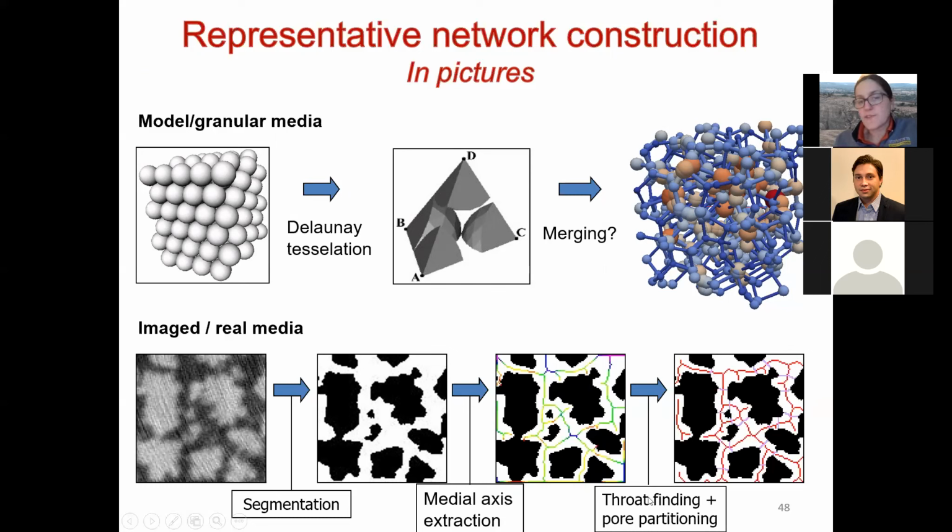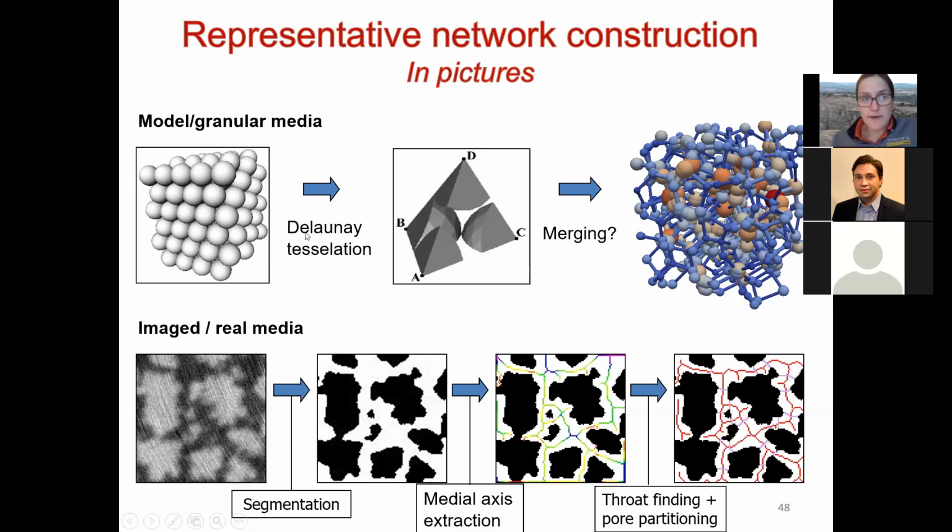So you have some sort of throat finding and partitioning of the pore space into pores. Watershed algorithms conceptually do something slightly different, and we're going to comment on how they do. Either way, you end up with these pore and throat objects, and they neighbor each other and create a network. After that, you can represent that network visually like this, where your pores are depicted as spheres and throat connections as cylindrical connections.